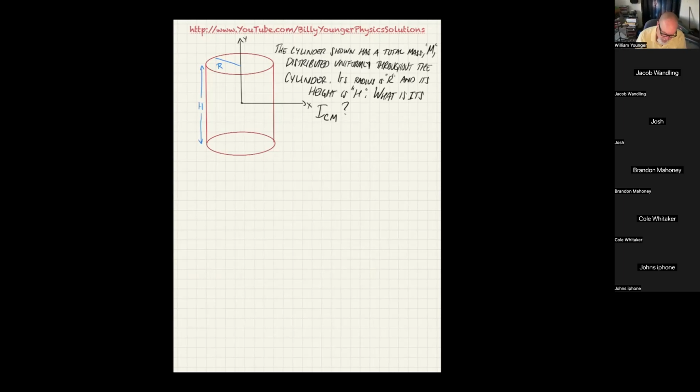I said through the center of mass, but to be honest with you, there's a lot of different axes that could be through the center of mass that aren't the one I'm talking about. So I really shouldn't do that. I'm going to say, what is the I when rotated about its symmetry axis?